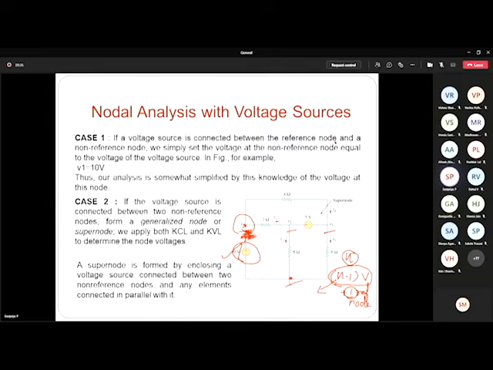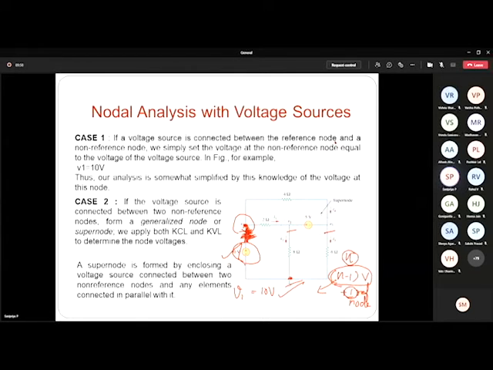Now this is V1, the voltage at node 1 with respect to ground. From this given circuit, I am able to find directly that V1 is nothing but 10 volt. Am I right?